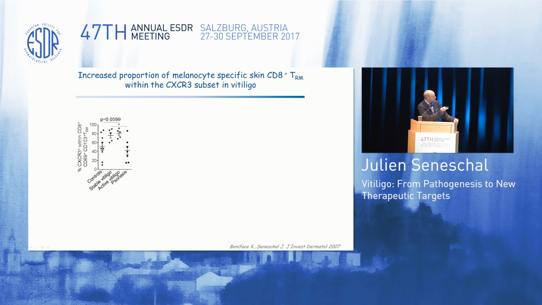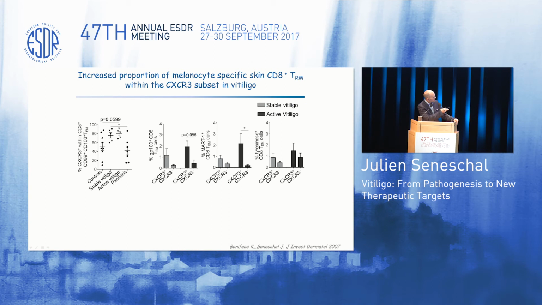We found that melanocyte-specific T cells in patients with active disease are the T cell subsets that express CXCR3, and we found exactly the same thing in patients with stable disease, suggesting that the melanocyte-specific T cells are resident memory T cells expressing CXCR3.